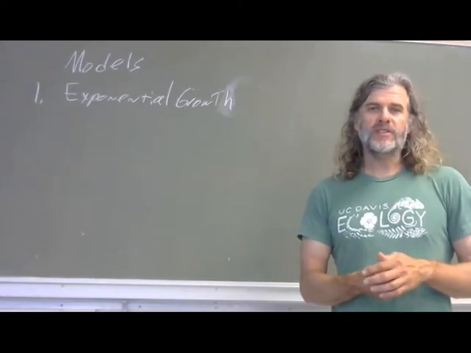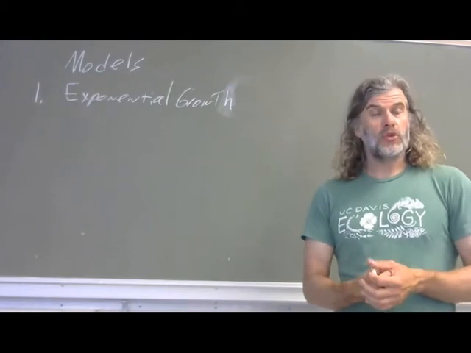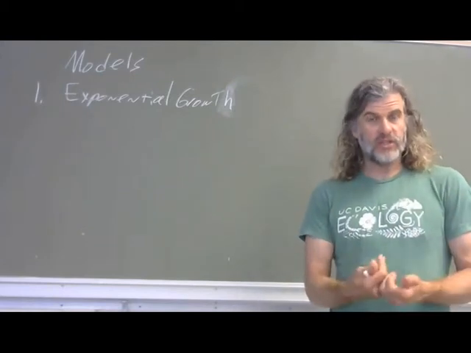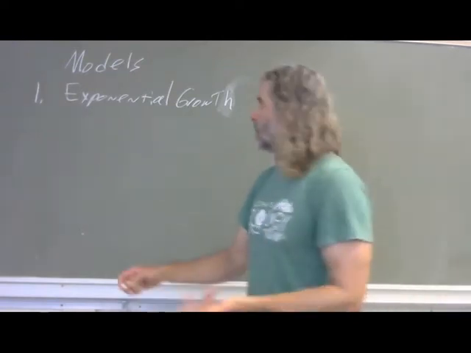Now, the first one of these that I want to talk about is exponential growth. Exponential growth is one of the simplest representations of population growth, and it can be depicted in the following way.